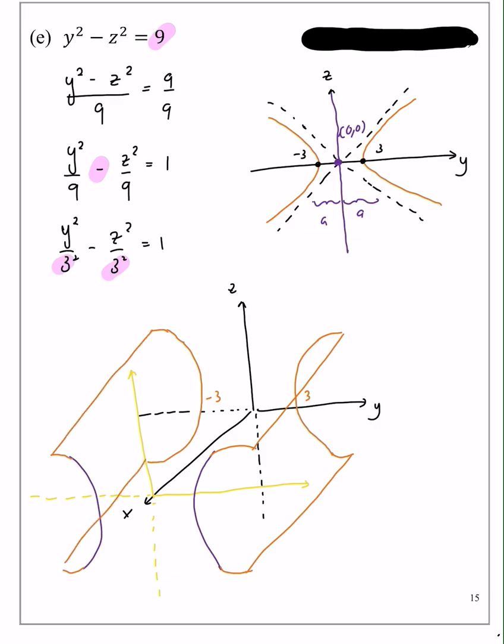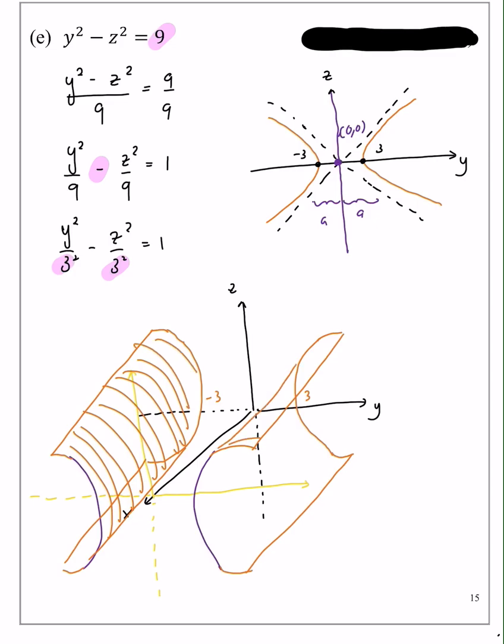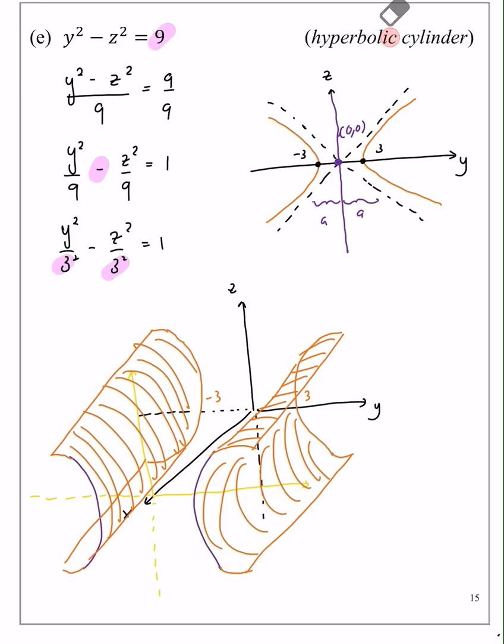Basically this is your graph, this one, and also this one. So what type of equation is this? It is a hyperbolic cylinder.